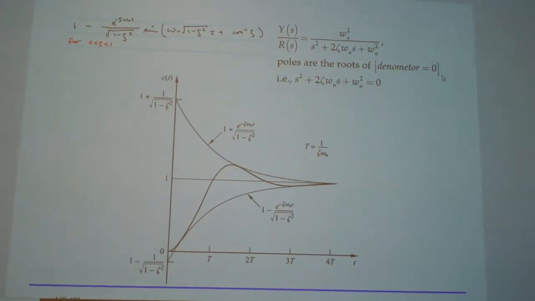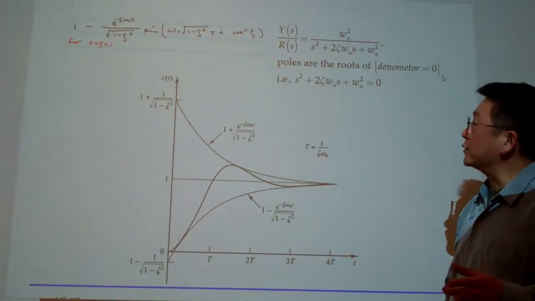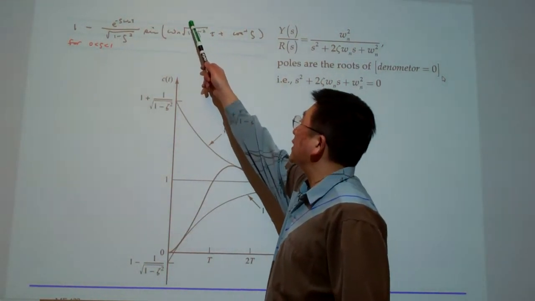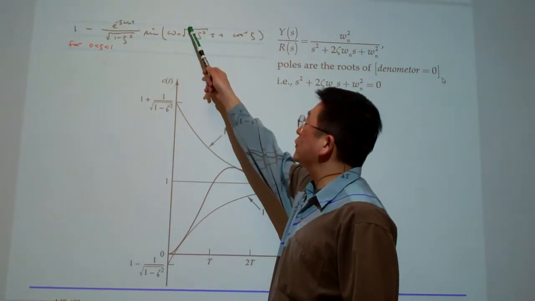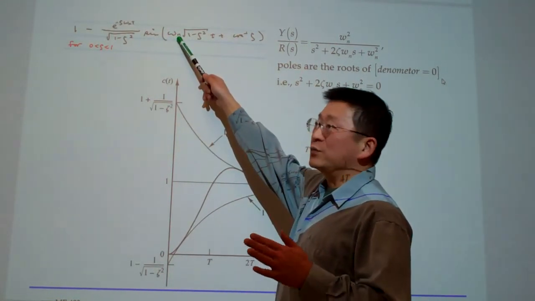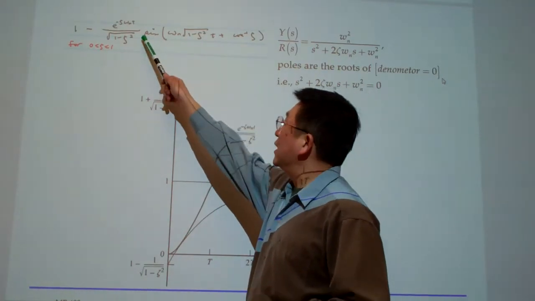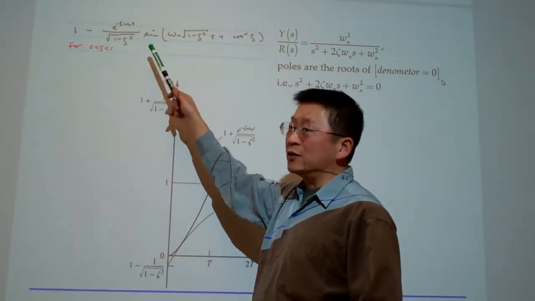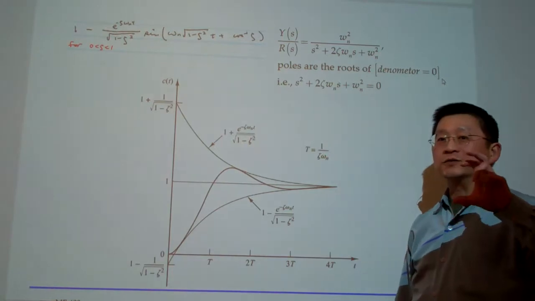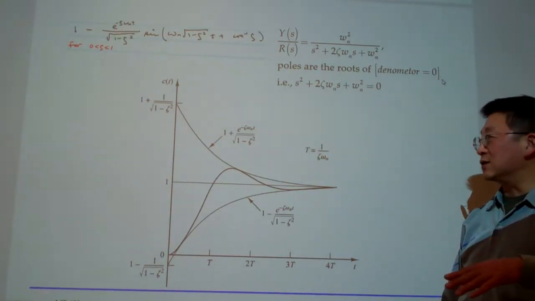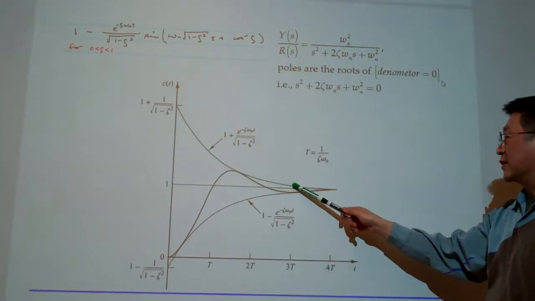If you have highlight markers, you should highlight this term, which tells you the frequency of the perturbation oscillations, and highlight this whole term, which tells you the magnitude of the oscillations, which is decaying.